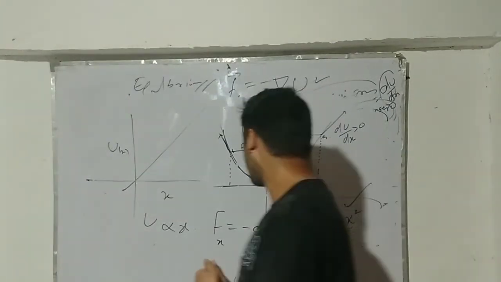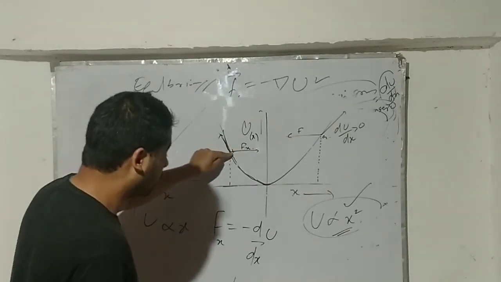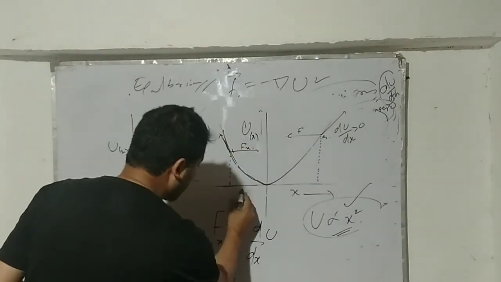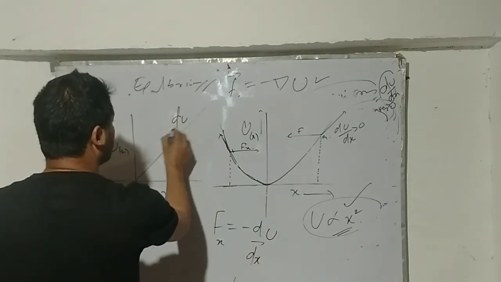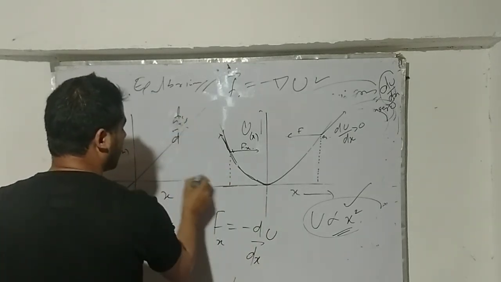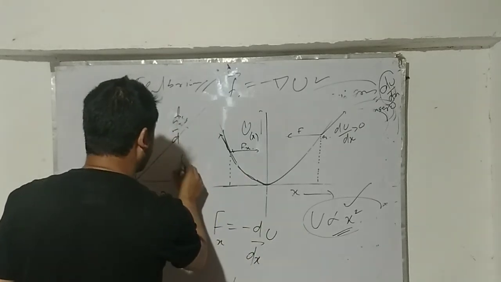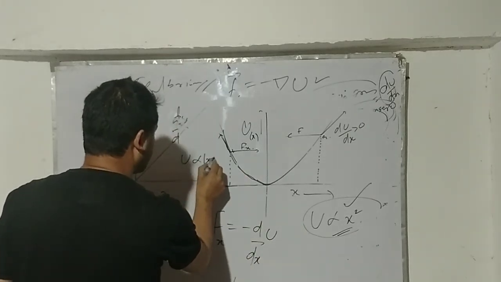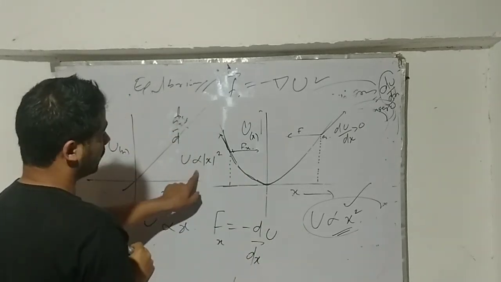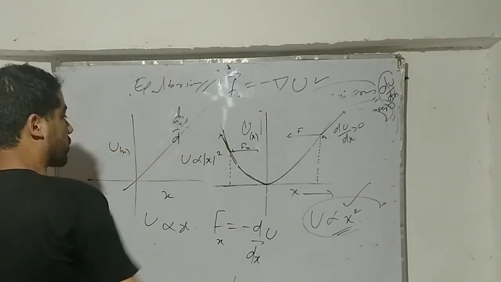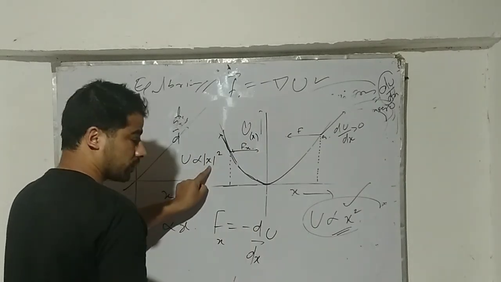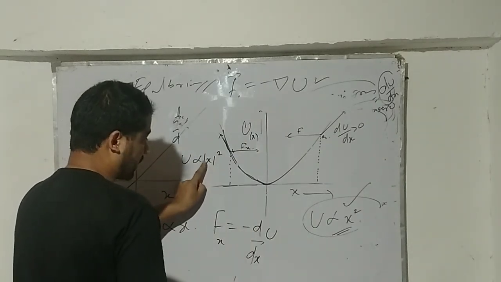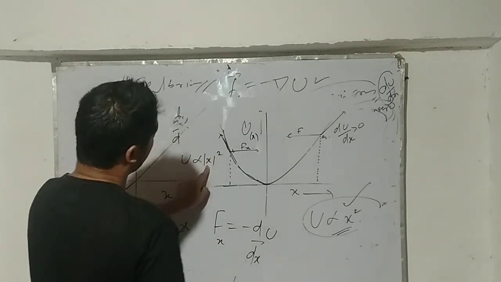Not only this, when we talk about here, what happens to the magnitude of x? No doubt there is a negative value, but du by dx, or I can say my potential, is something like the norm square of x. Again, if I look in the direction of force, to avoid confusion, I use the negation.